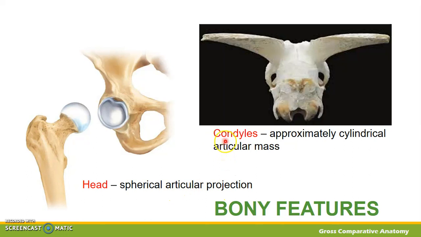Another example, condyles. Here we have the occipital condyle present at the occipital bone of the skull, and they are approximately cylindrical, and they articulate with the atlas, or the first cervical vertebra.